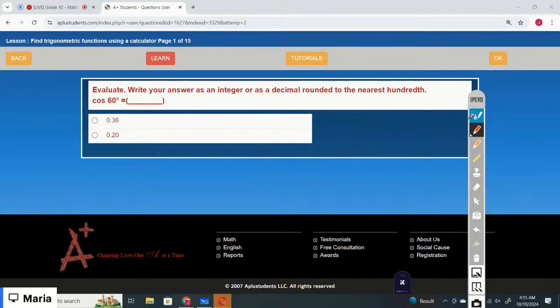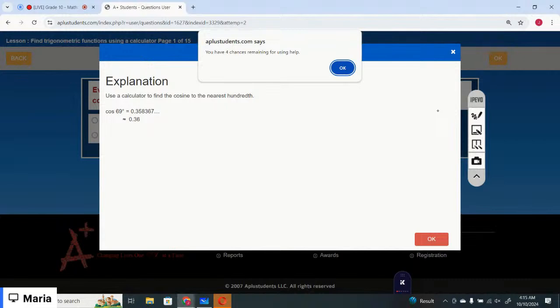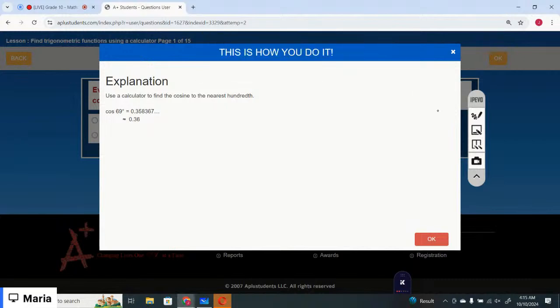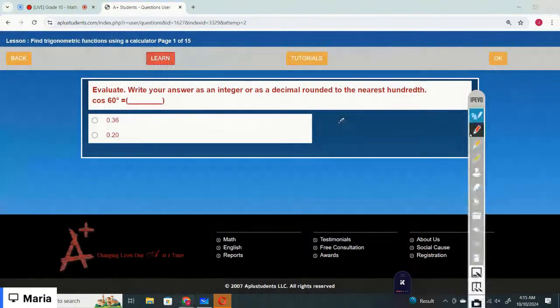But I have 0.5 on my calculator. 69 it is actually. The question is cos 69, not 65, right? So for cos 69, you have 0.358. This is cos 69, right? So you can round it off to 0.36. So option number 1 is the correct option.